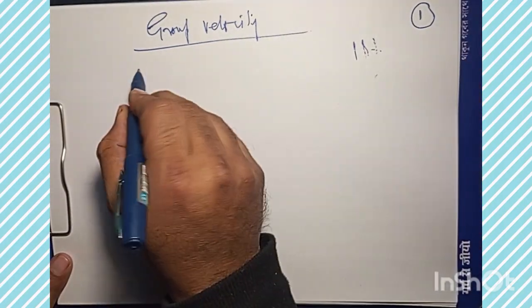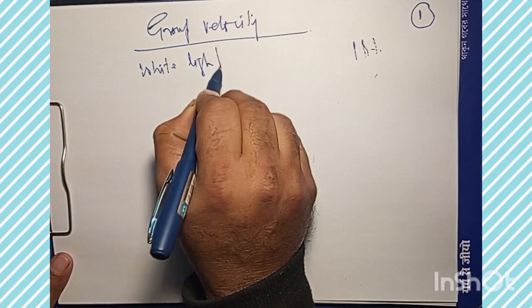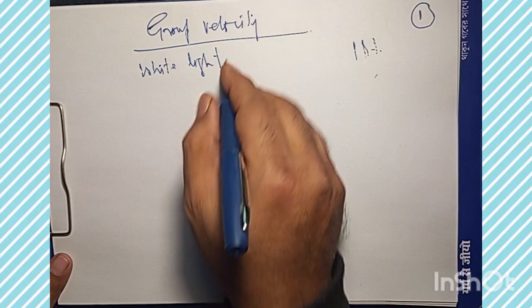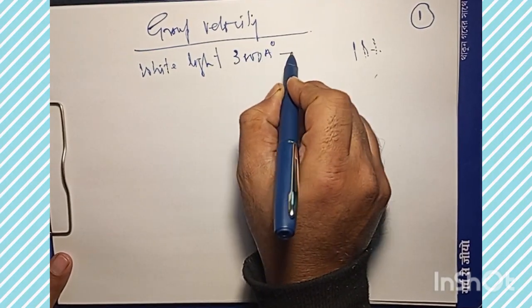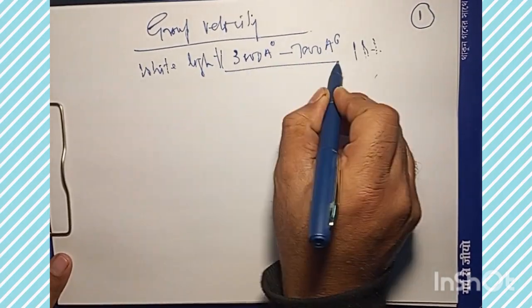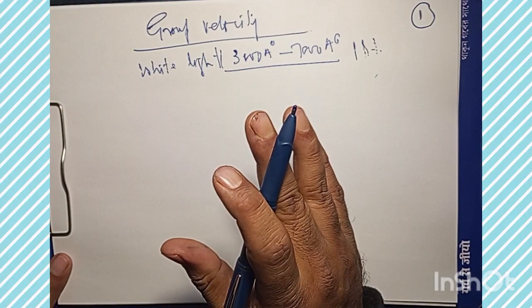White light has a range of frequencies present in it, from 3,000 angstrom to 7,000 angstrom, right?